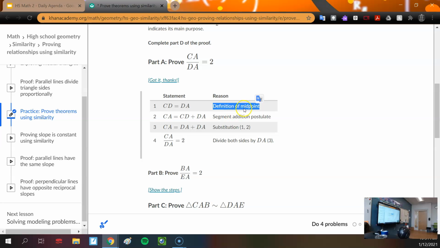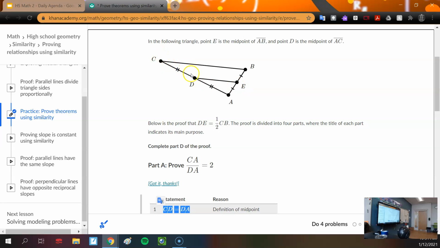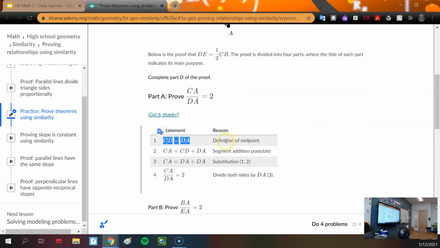So the first thing we do is literally define that a midpoint cuts something into two equal segments, right? CD and DA. We also then can say that CD and DA together make the bigger segment CA, and this feels unnecessary.